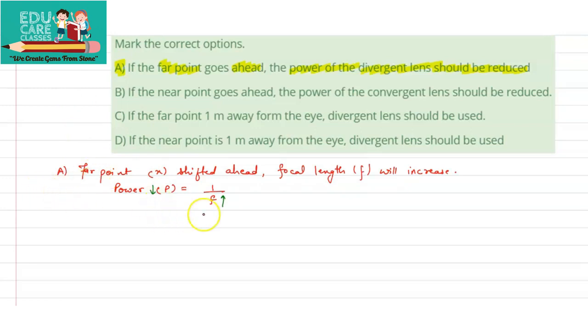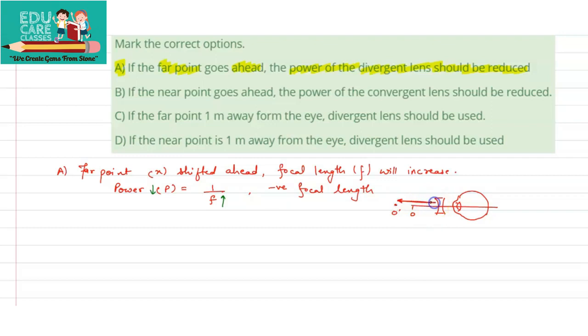Now, in case of far point, we use negative focal length, because let us say this is our human eye and this is the eye lens. If your far point is moved ahead, you need a vast focal length, so your focal length will increase.